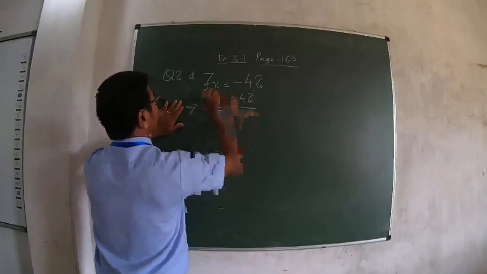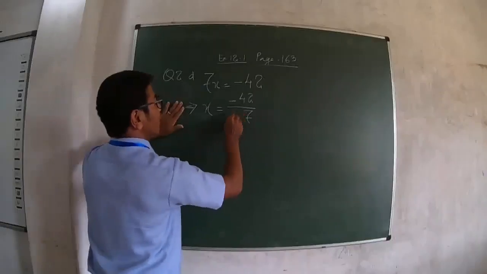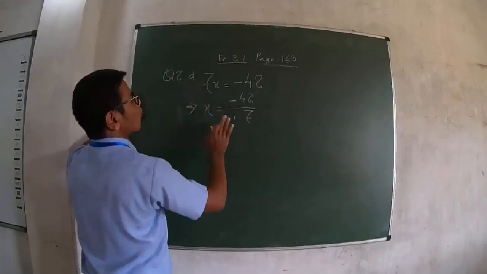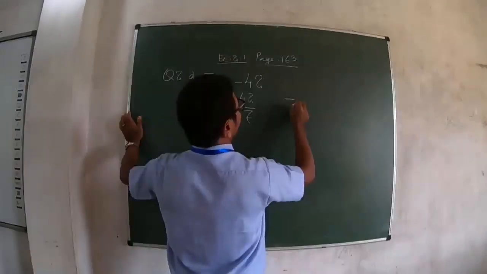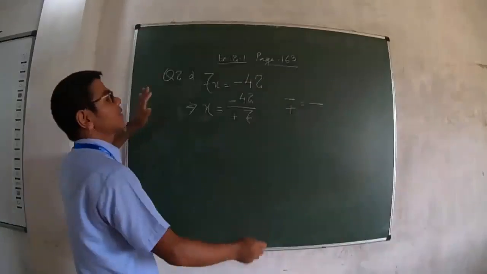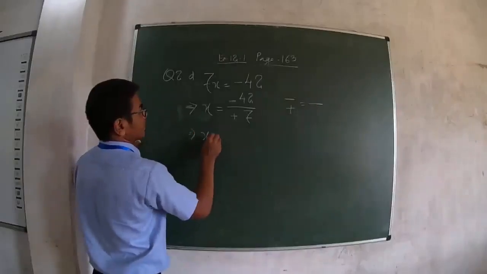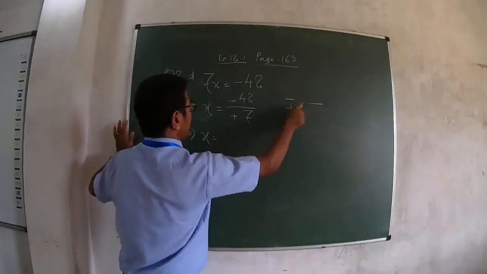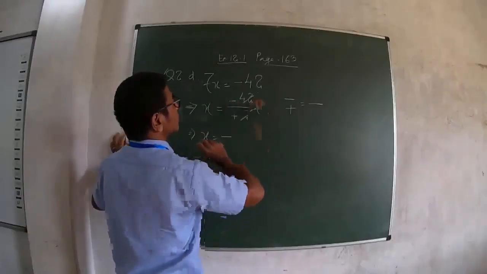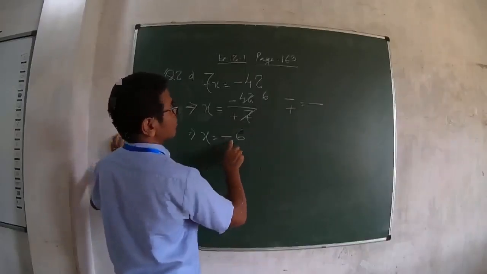When I multiply, it goes to the right, and 7 has a plus sign. So plus becomes divide, and minus and plus is minus. x equal to minus, so write minus. 7 sixes are 42. The answer is minus 6.